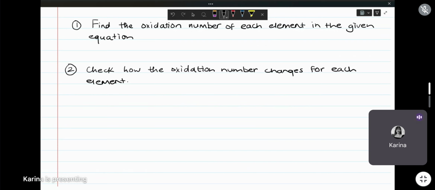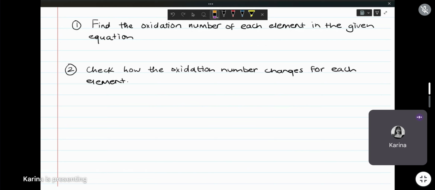You're going to look from your reactants all the way to your products, and you can write notes for yourself on your question sheet in pencil. For instance, magnesium: how is its number changing? Is that oxidation number increasing or decreasing?